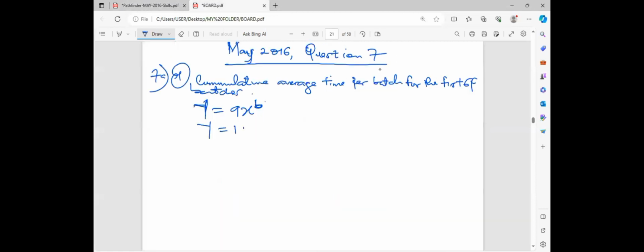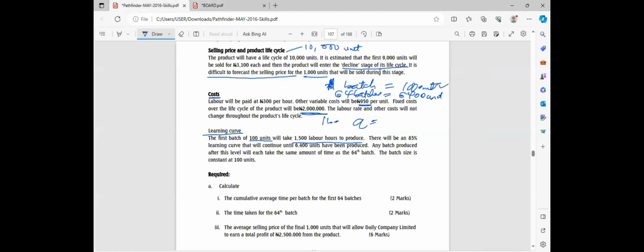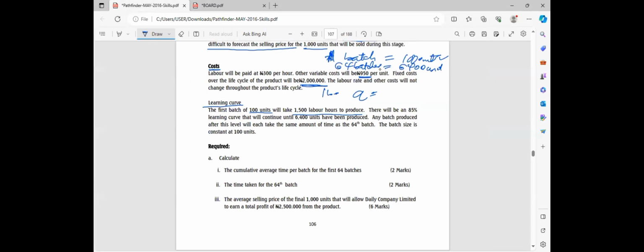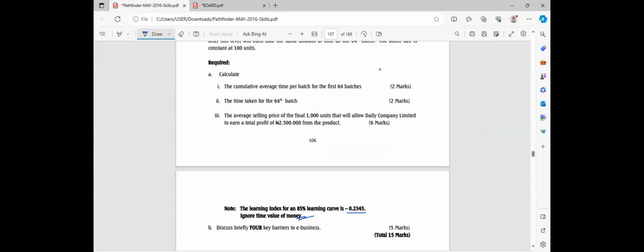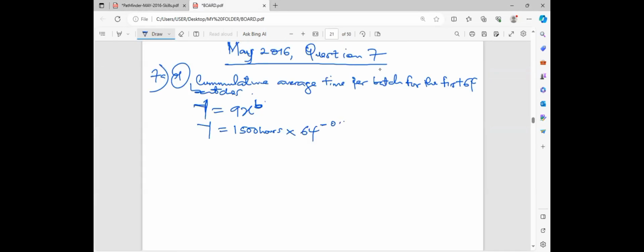So here we have 1,500 hours times, the question says, cumulative average time per batch for the first 64 batches. So our x will be 64 and our b will be minus. Recall that the question says, note, the learning index for an 85% learning curve is minus 0.2345. So raised to power minus 0.2345.